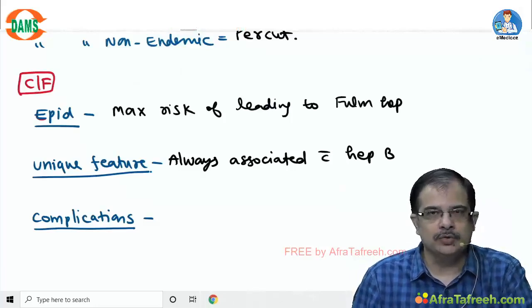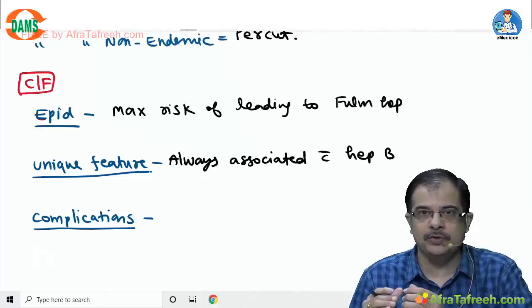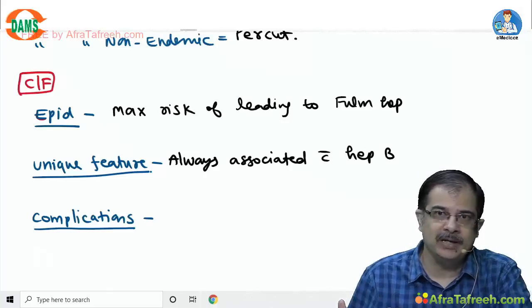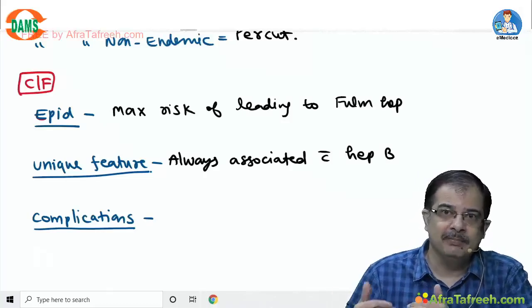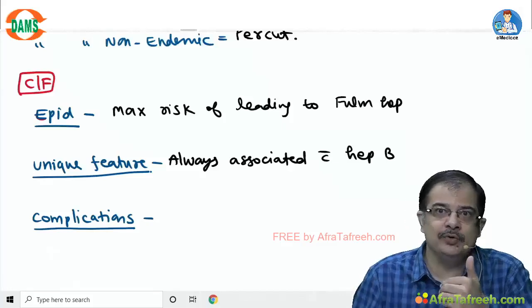Complications. The complication is fulminant hepatitis, that is the main important complication. Complications of carrier and chronic hepatitis depend on B status, but fulminant depends on how hepatitis D is coming into the body.